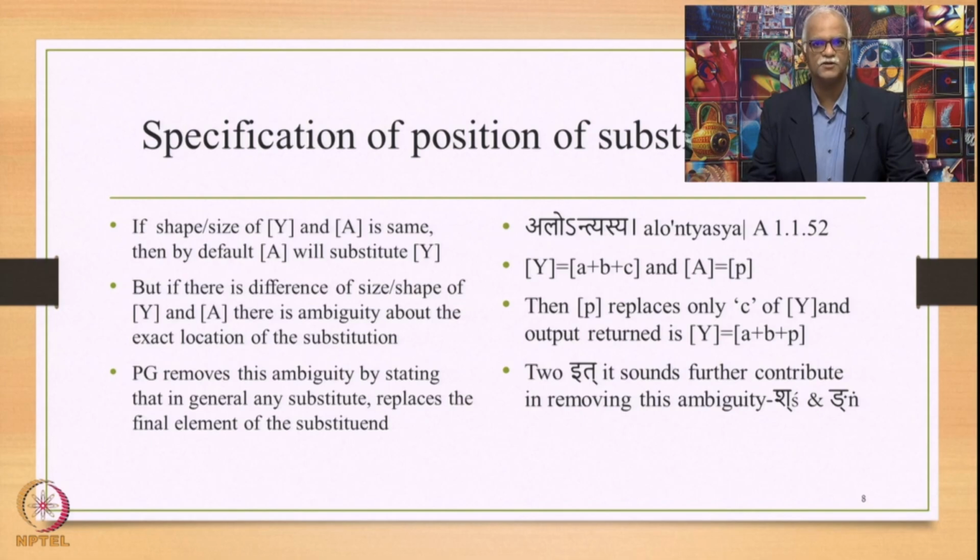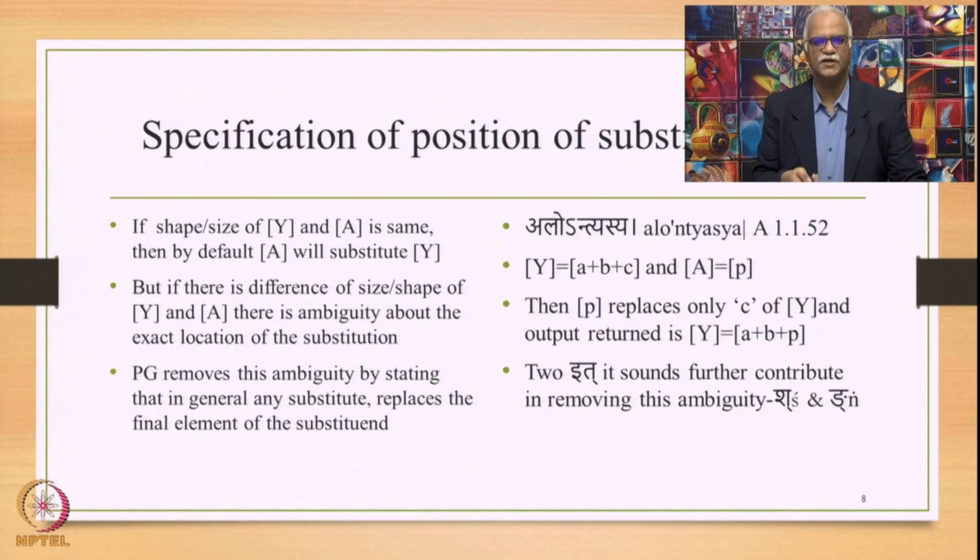What will A substitute? So, Pāṇinian grammar removes this ambiguity by stating that in general any substitute replaces the final element of the substituent. I repeat, in general any substitute replaces the final element of the substituent, and we shall see what this is.